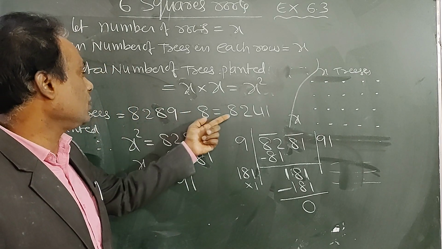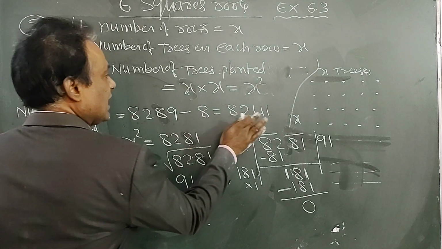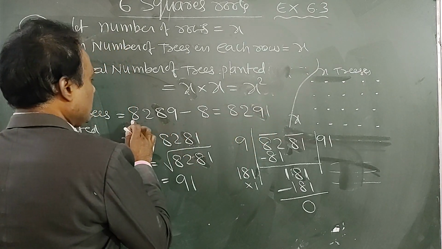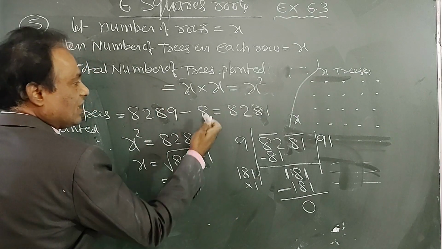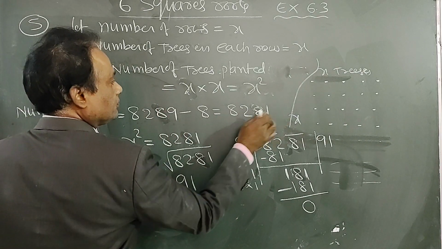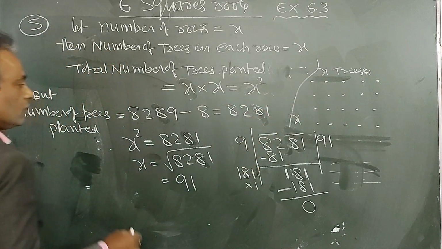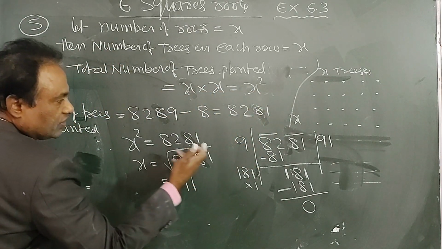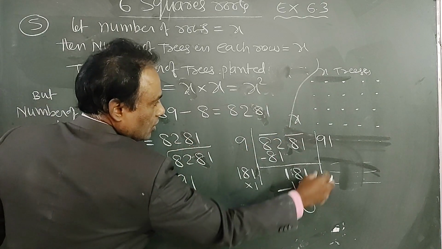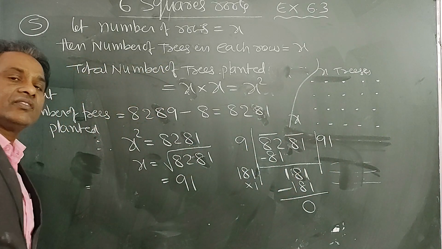So 8289 minus 8 is 8281. Then x square is equal to 8281. X is equal to the root of this. So find the square root of this number. Finally we are getting the answer 91.